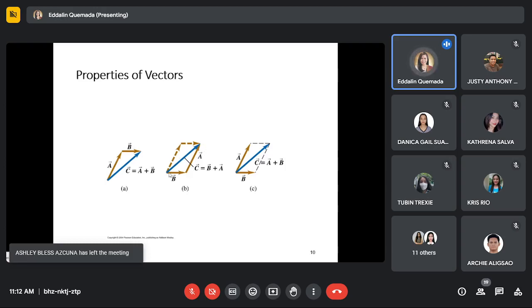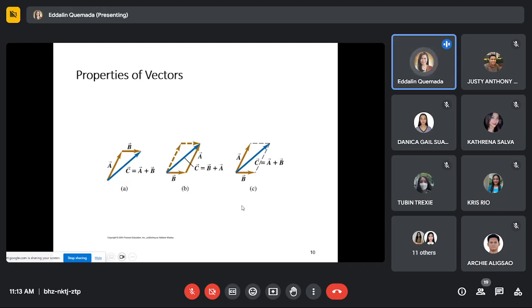And still the resultant, it's head to tail still. But the first plotted is vector B followed by A. So this is now the resultant, the one in blue. This is the vector C. So by means of an equation, C being the resultant is equal to B plus A.